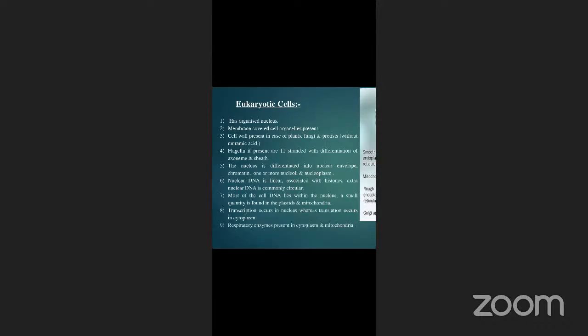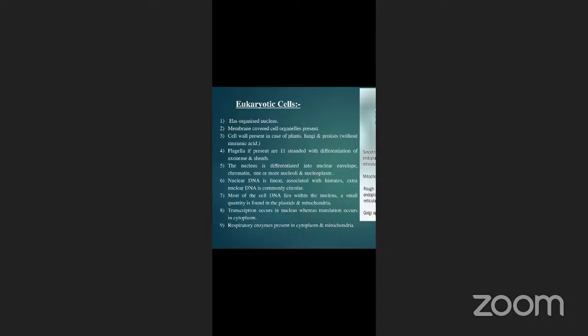Then eukaryotic cells. In eukaryotic cells, we can see an organized nucleus, membrane covered cell organelles like mitochondria, endoplasmic reticulum, Golgi complex, all these. If it is a plant cell, we'll have chloroplast. Then cell wall is present only in plants, fungi, and protists. Even in the protists, we don't see any muramic acid, whereas in bacteria, we see muramic acid.